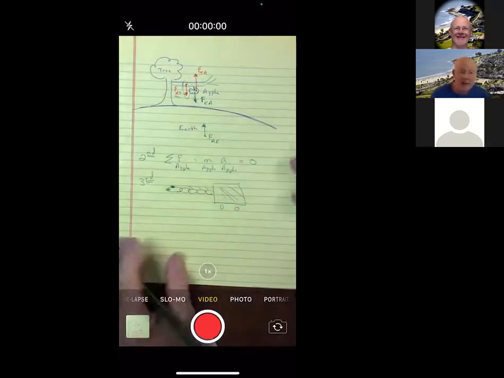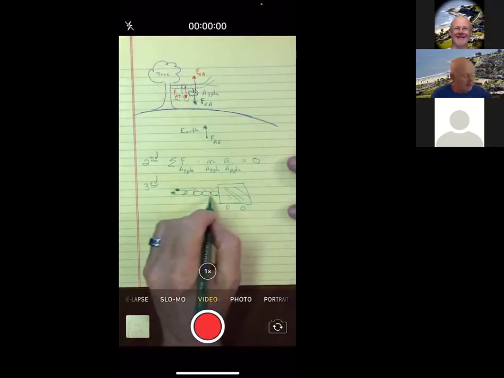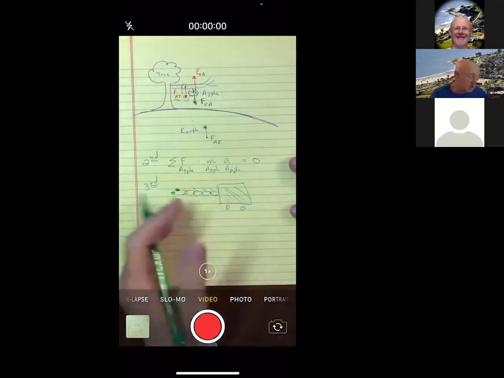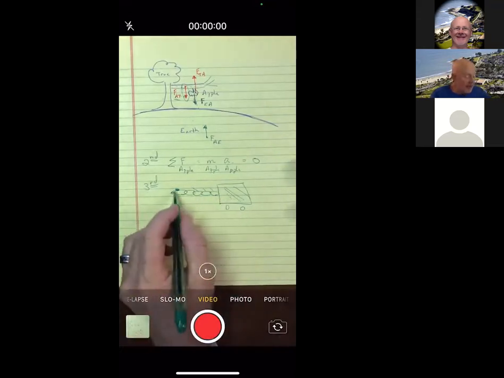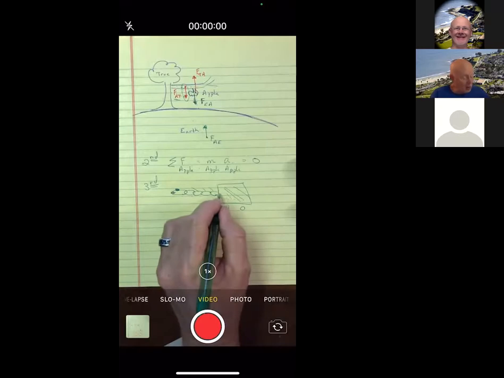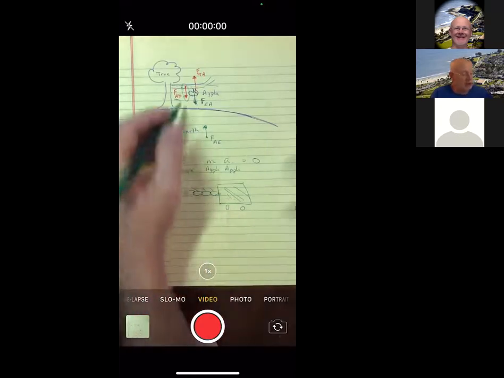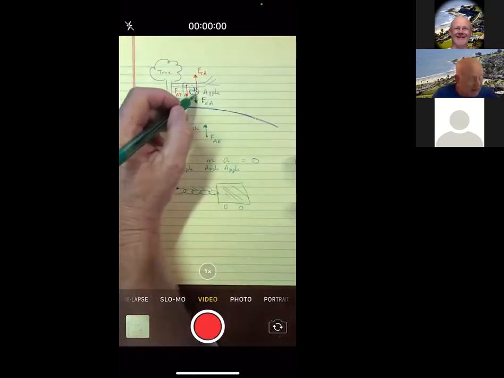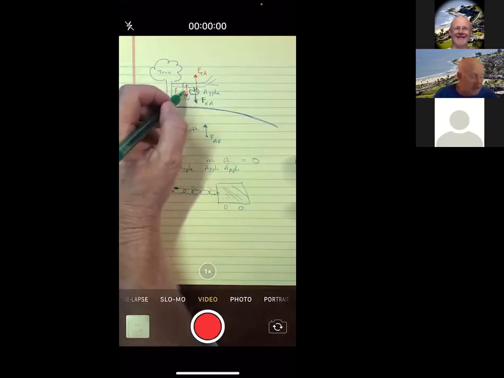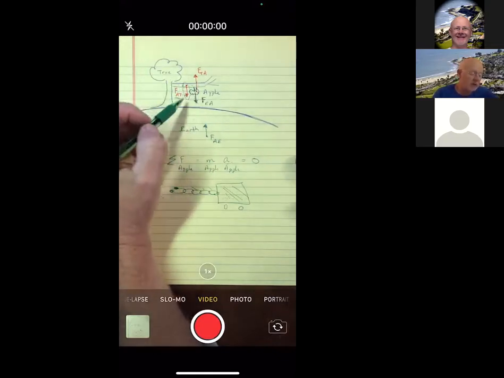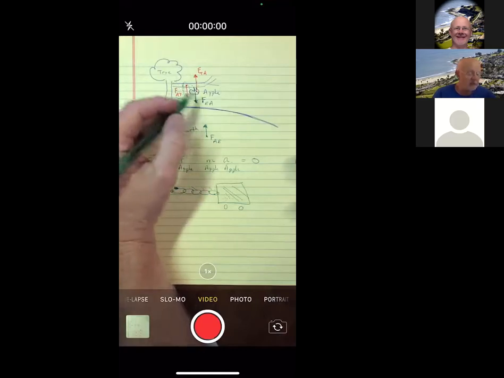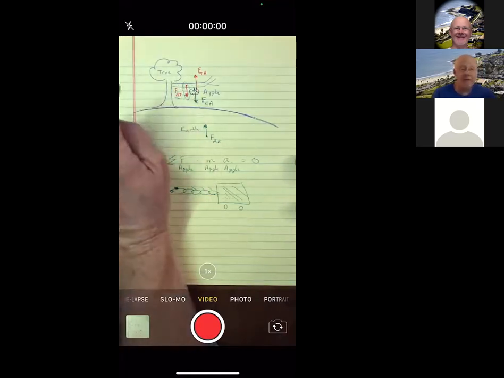It's not your hand, but obviously there's a chain of events that result. And you wouldn't have the cart being pulled on if your hand wasn't pulling. And just like this, if we didn't have the force of gravity, we wouldn't have this upward reaction force, and we wouldn't have this downward reaction force. So, there is a chain of events. They are connected, but they are different forces.